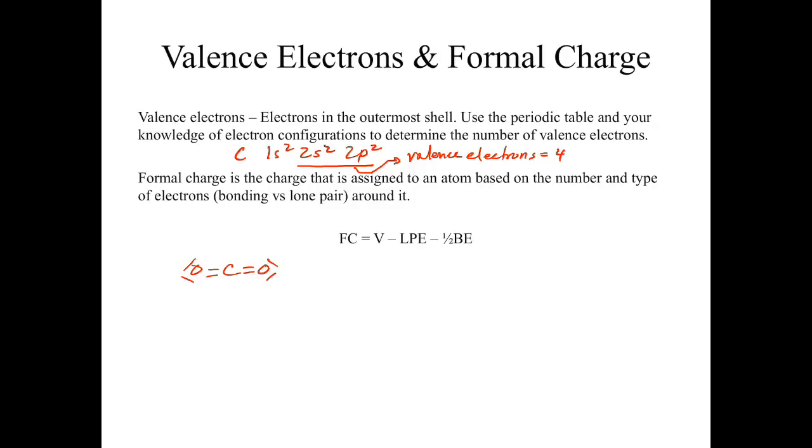What we see is we have a carbon that's bonded to 2 oxygens, and the bonds are symmetric. We get 2 double bonds. Remember, these double lines here denote bonding electrons. And then we have these other lines that are here. These denote what we call lone pair electrons.